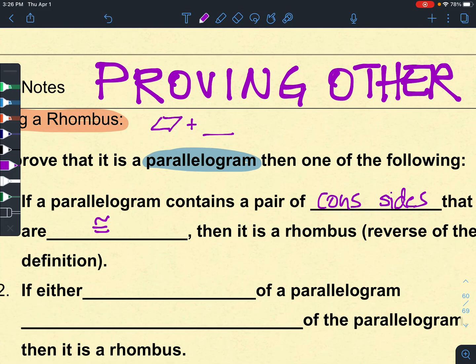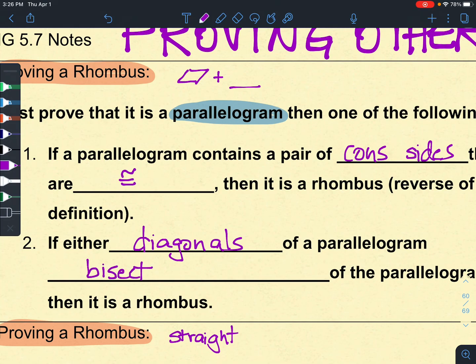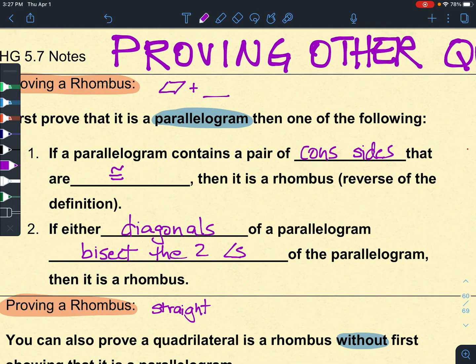All right. Number two, if either of the diagonals of a parallelogram bisect the two angles of the parallelogram, then it is a rhombus.